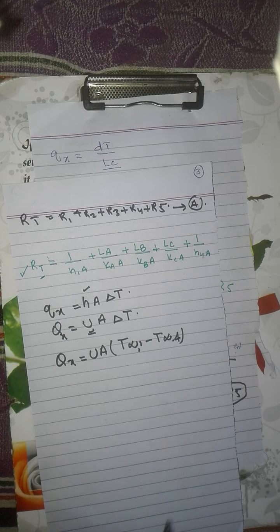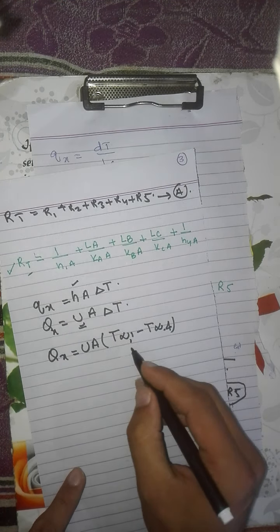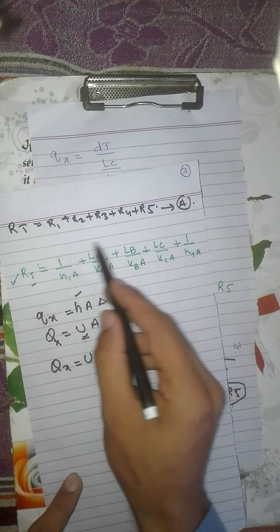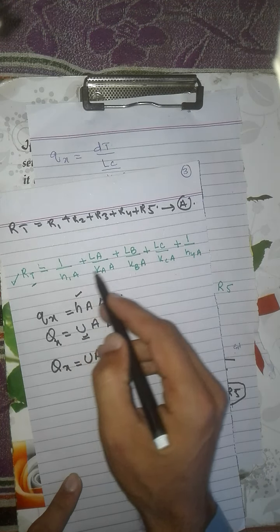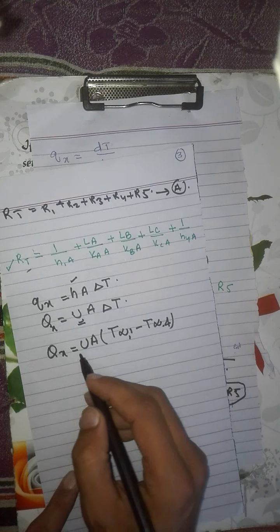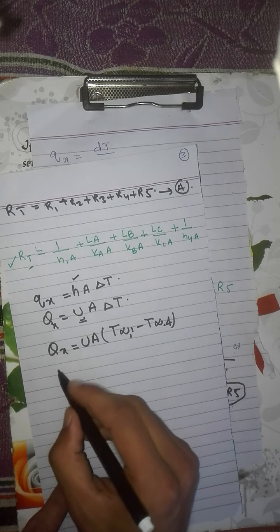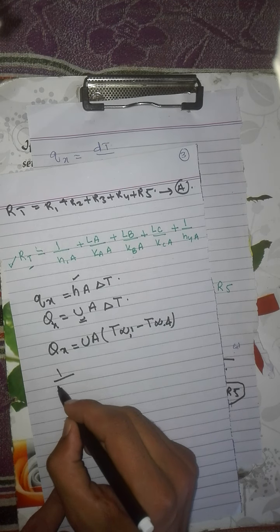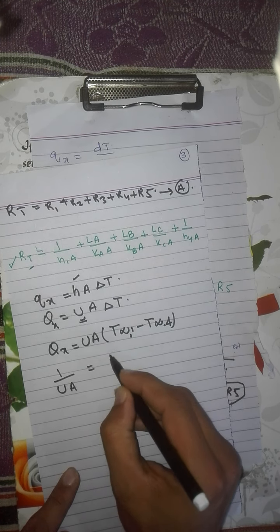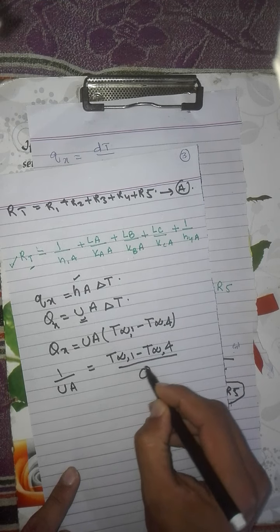Now we know that the total resistance includes 1 over H1A, and similarly these other resistances. So we can rearrange this equation as 1 over UA is equal to T infinity 1 minus T infinity 4 divided by Qx.